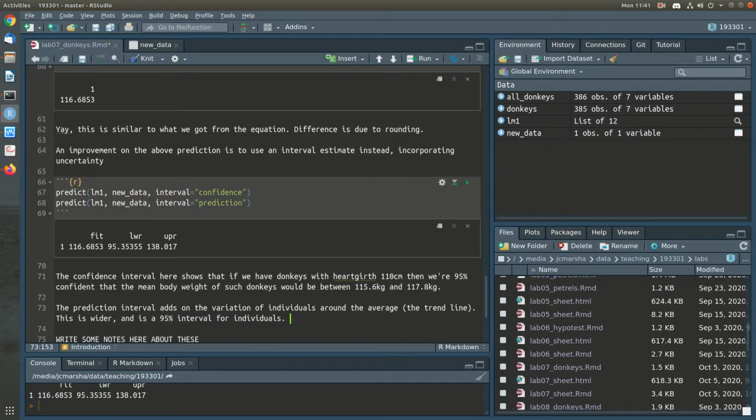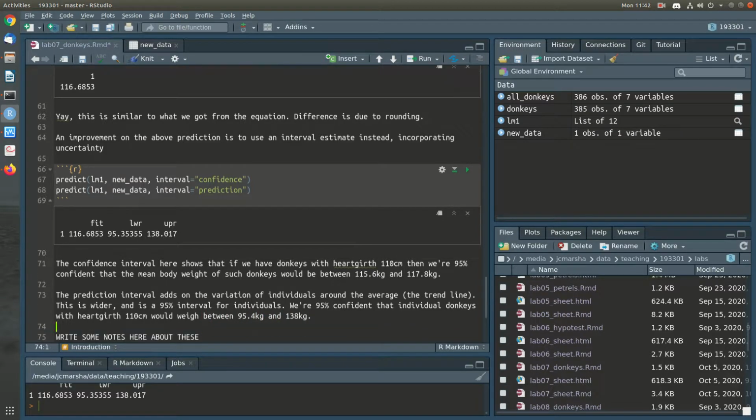So the interpretation would be we're 95% confident that individual donkeys with heart girth 110 centimeters would weigh between 95.4 kilos and 138 kilos.